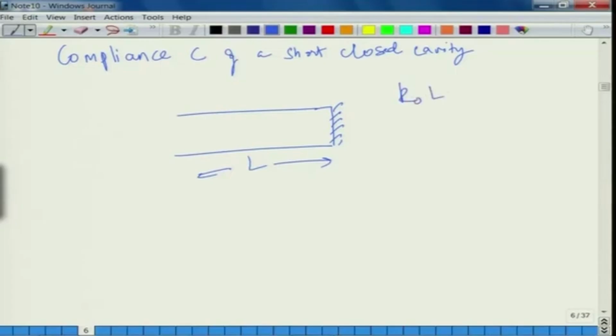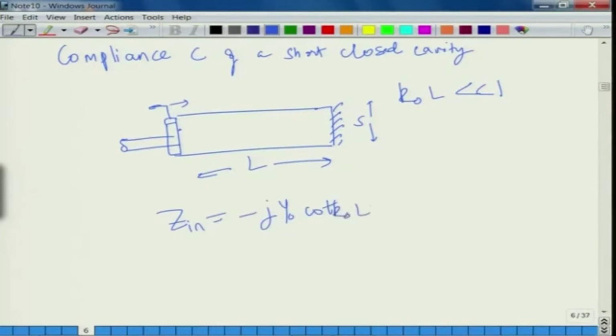Obviously, intuitively we can say k naught L is much less than 1, and the cross section area is S. If we have a piston doing to and fro motion here, we will see that your impedance Z at this point is minus j y naught cot k naught L. This is basically in terms of acoustic pressure by mass velocity.